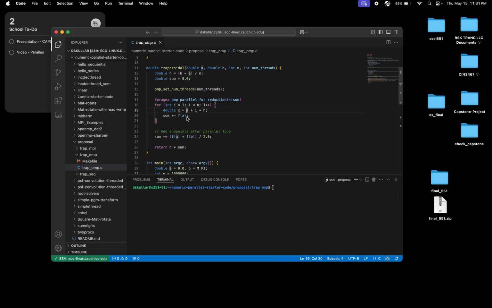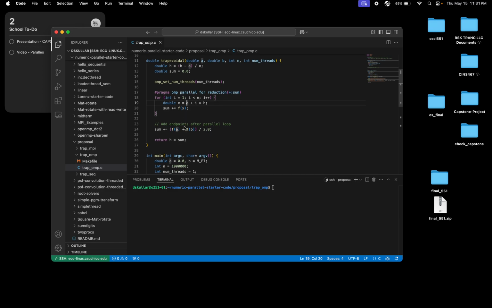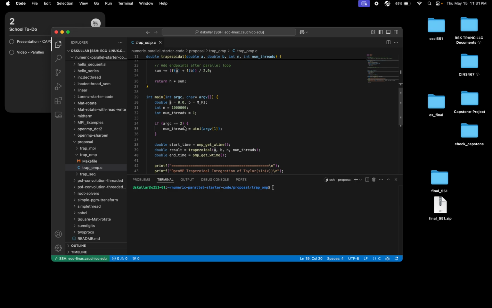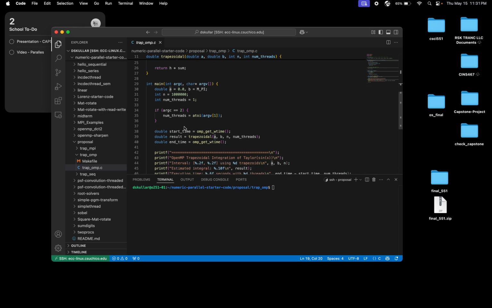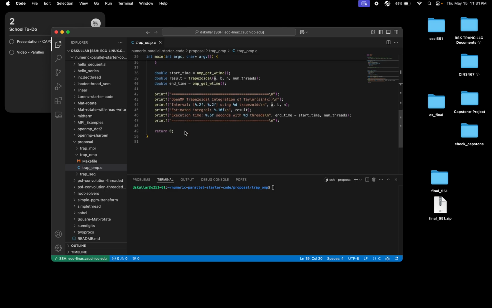This reduction ensures each thread safely contributes to the total sum. Then in our main, the program accepts the number of threads as a command line argument. For our testing, we did 1, 2, 4, and 8, as I demonstrated for MPI execution.